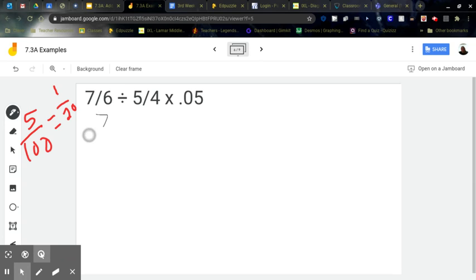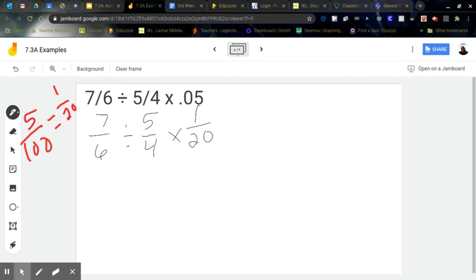So we're going to do 7/6 divided by 5/4 times 1/20. When we do PEMDAS, remember, multiplication and division go together, but whichever one comes first is done first. So we're going to do the division first.